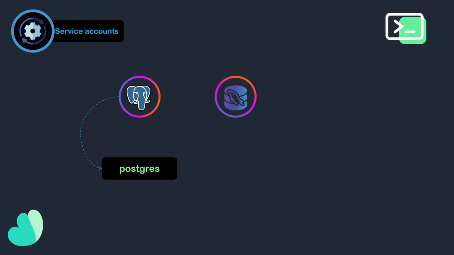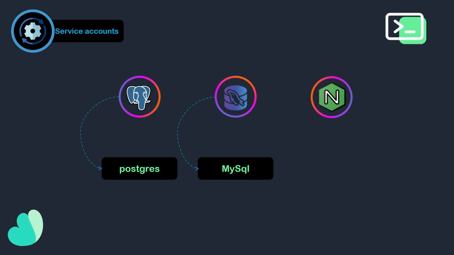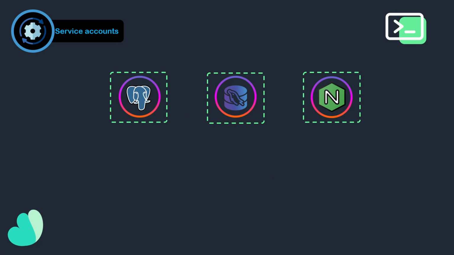The MySQL service runs under a service account known as mysql, and the same for the Nginx service. Service accounts are usually created when daemons and applications are installed, and they help isolating each service. So if one service is compromised, it doesn't compromise the remaining services.